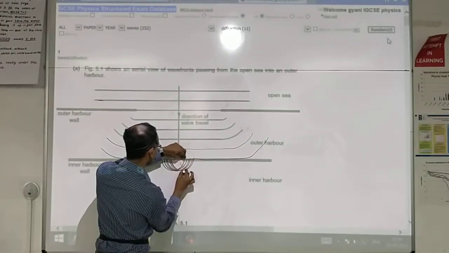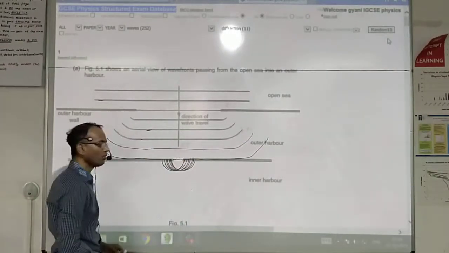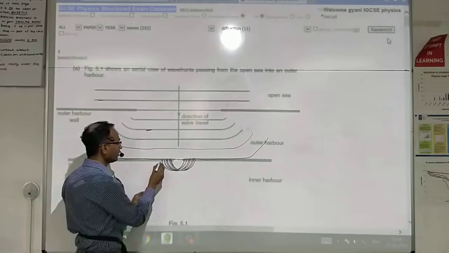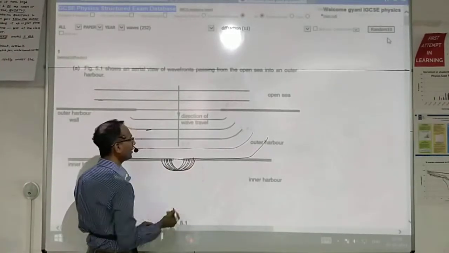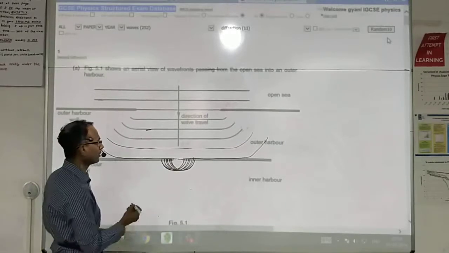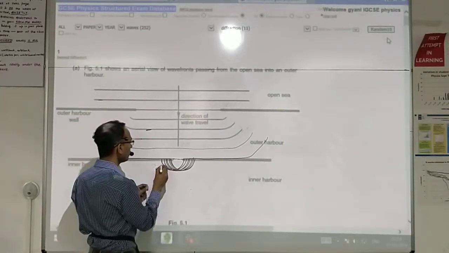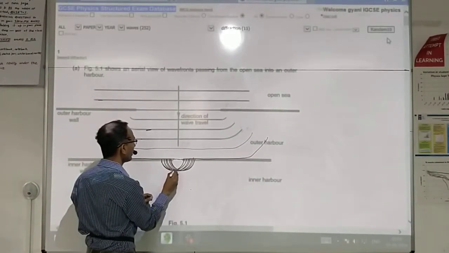Then till this edge. So now the outer envelope is this. Are you getting it? Then the next wavefront would be from here you have to draw. Make these dots and then.